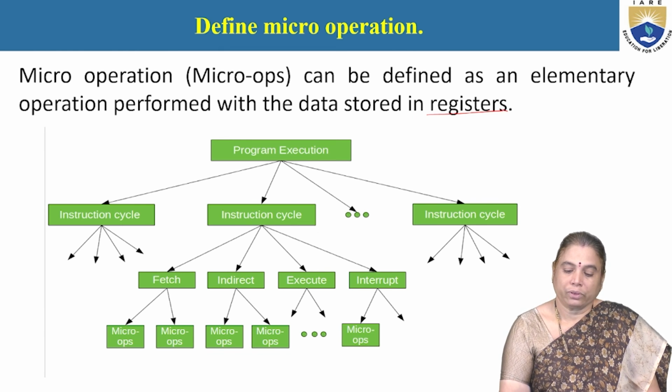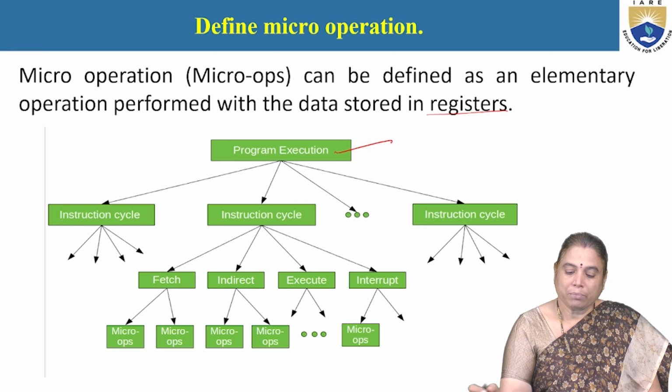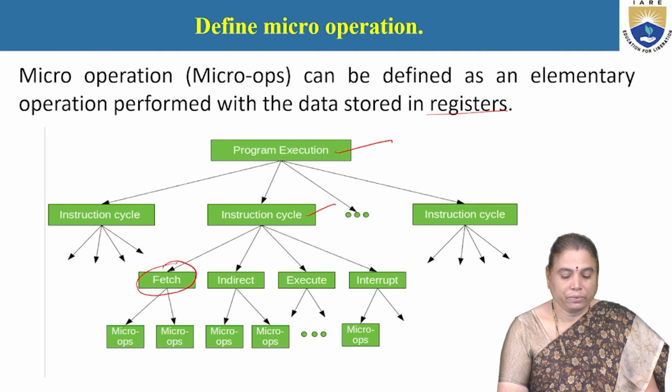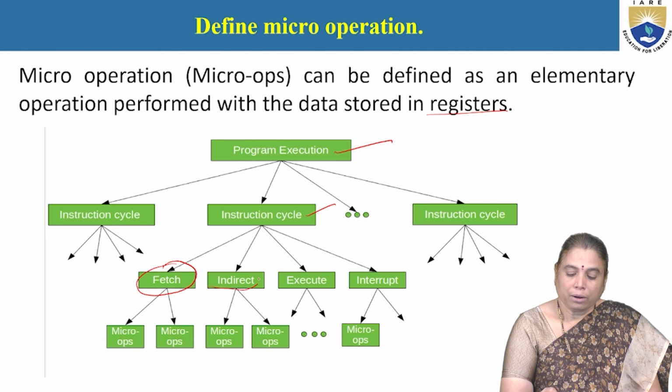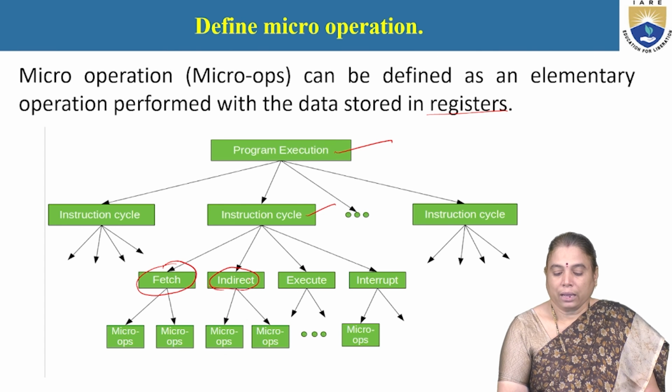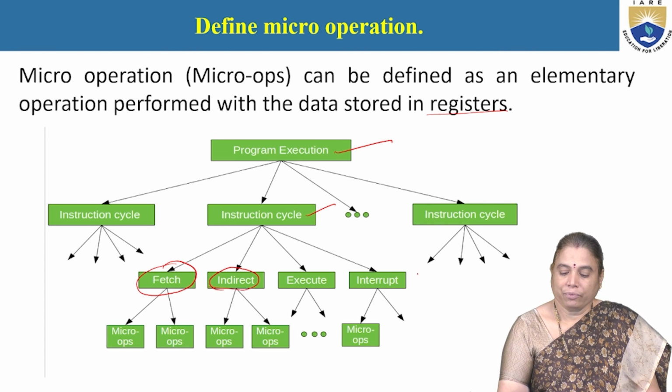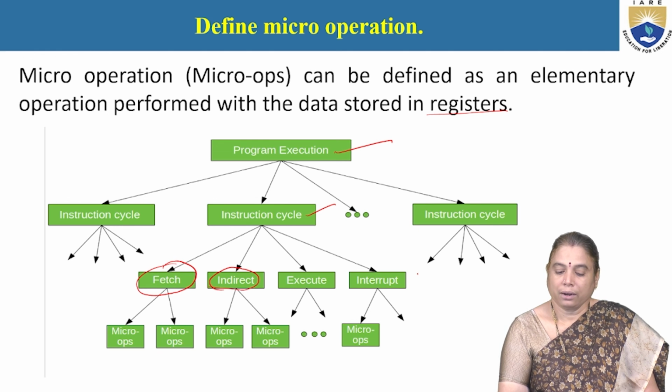During program execution in the instruction cycle, the first phase is the fetching of the instruction. Later we decode it, collect the operands, execute it, and identify whether any interrupt is there or not.